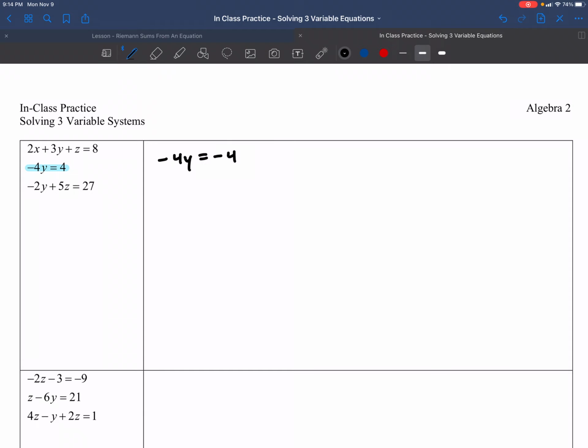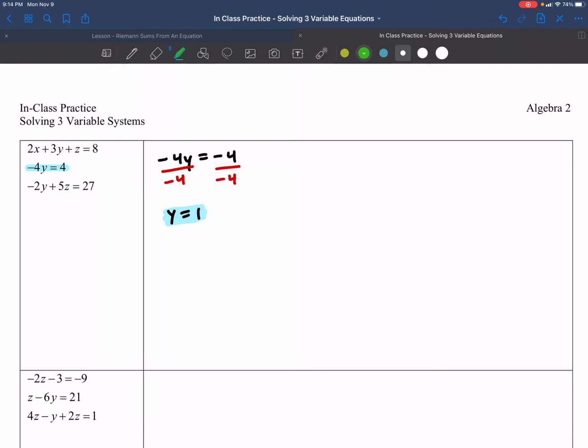This is really easy to solve for y because I can divide both sides by negative 4. And so y is equal to positive 1. So now I have my first solution, y is equal to positive 1.